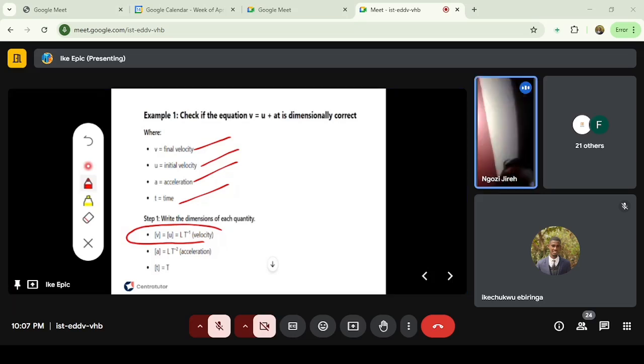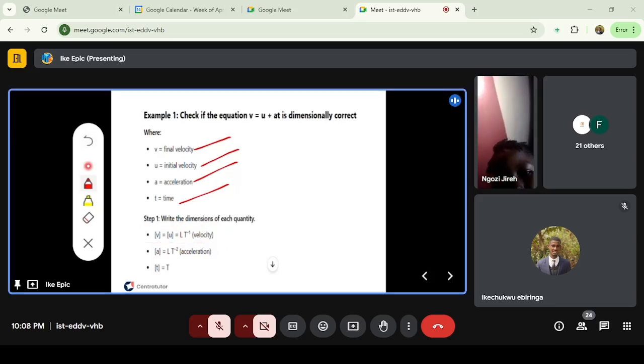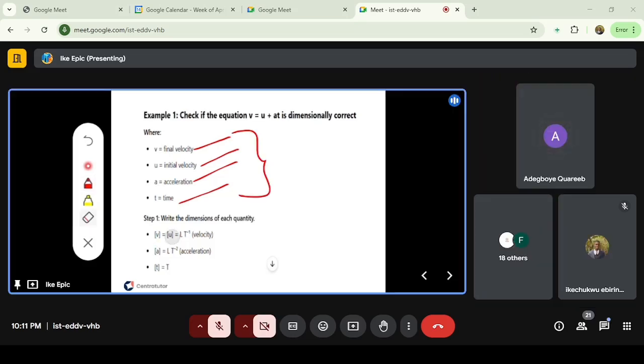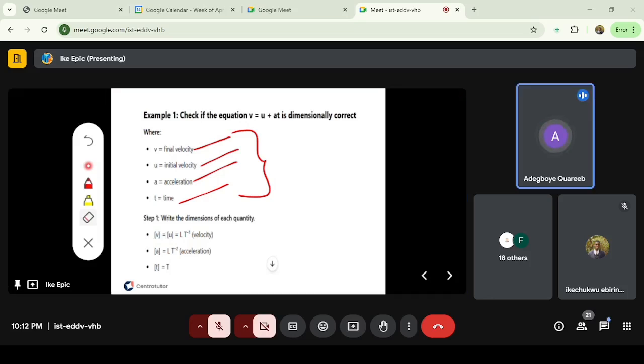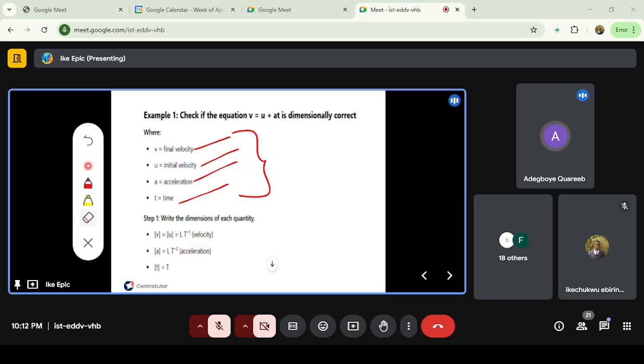Our left hand side is V. But we'll be getting the dimensions for each of these expressions first. So in step one, the first thing we'll do is get the dimension of each of the parameters present.